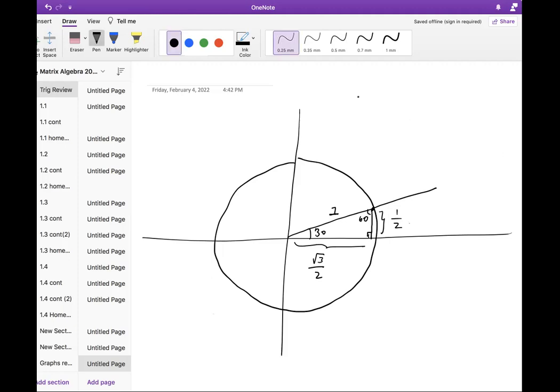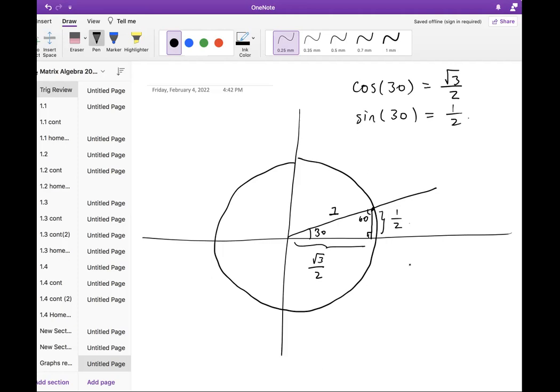Okay, so someone tell me what cosine of 30 is. It's just the x value, which must be radical 3 over 2. Yep. So sine of 30 must be 1/2.